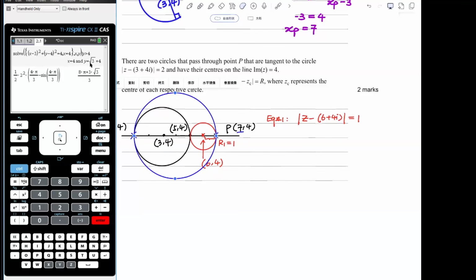It's the larger circle, and I think the center is going to be 7 plus 1 divided by 2, that's 4. Therefore, the center is going to be here, and the radius is going to be 3 units, okay? So you could have modulus of z minus 4 plus 4i equals 3, okay? So these are the two possibilities.